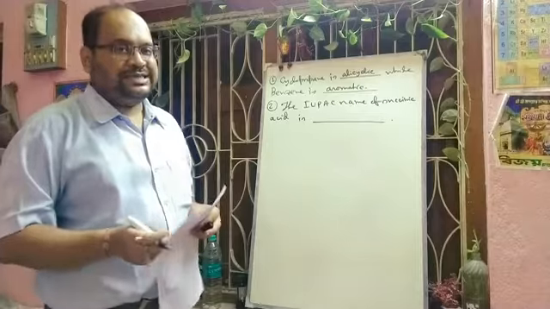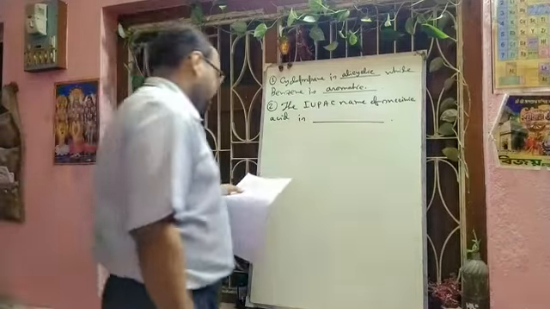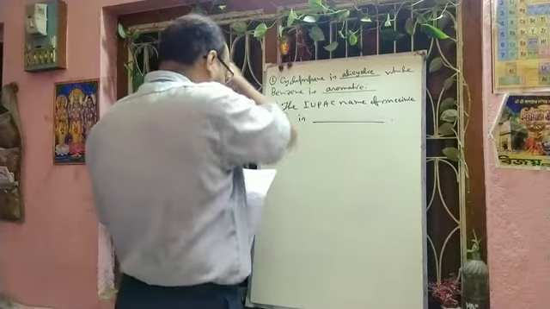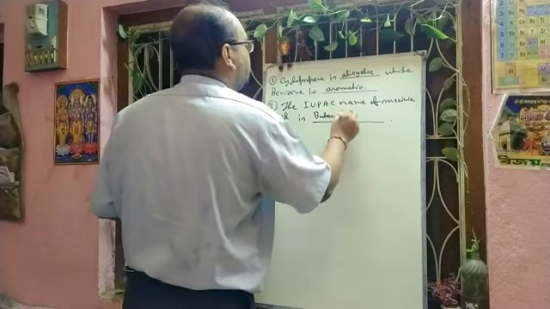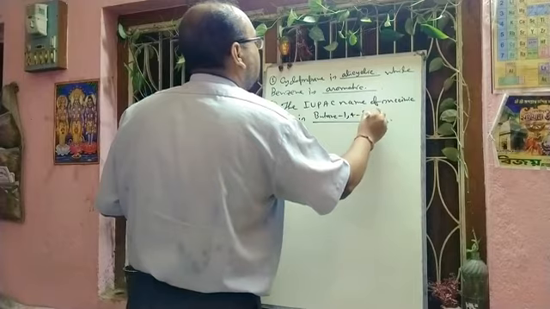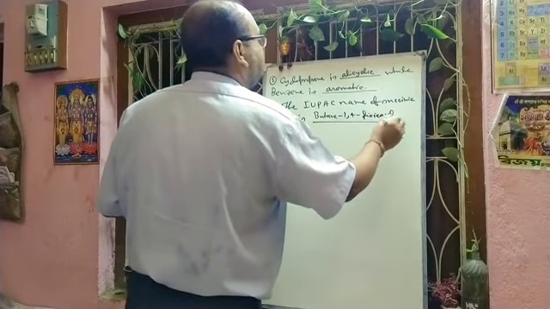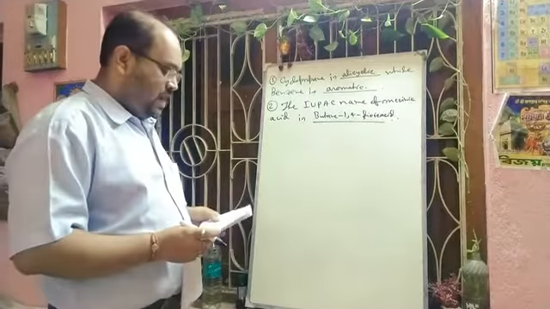So if you draw the succinic acid, then you will get the IUPAC name, butane-1,4-dioic acid. Actually, succinic acid is the common name, and butane-1,4-dioic acid is the IUPAC name.